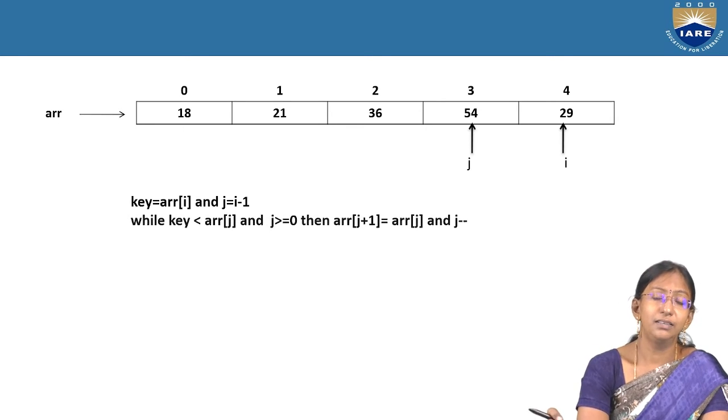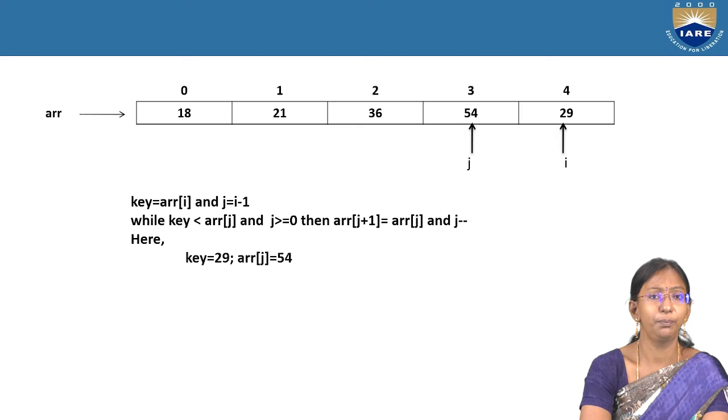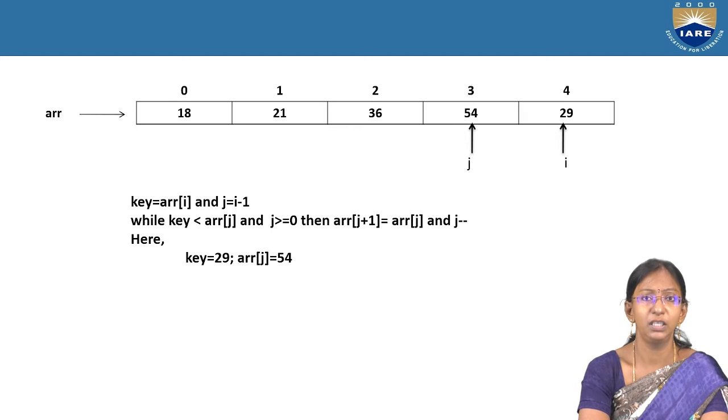Now, is the key value less than the element pointed by j and the value of j is greater than or equal to 0 or not? Let's check it. Here the key value is 29 and the element pointed by j is 54. Is 29 less than 54? Condition satisfied.